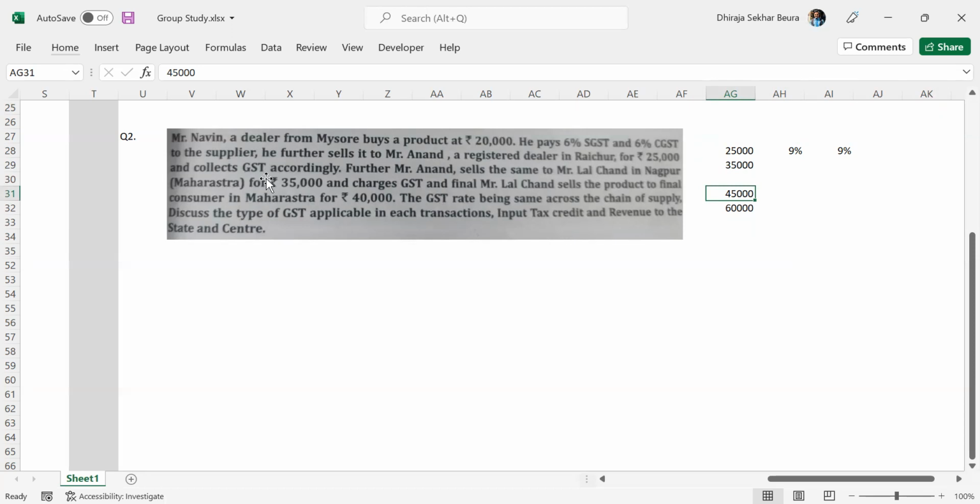Now Mr. Lalchand sells to the final consumer in Maharashtra for 60,000. Please recalculate everything that we have just calculated and tell me the final tax liability of Mr. Naveen, Mr. Anand, and Mr. Lalchand, and how much of it is towards state, how much of it is towards center.